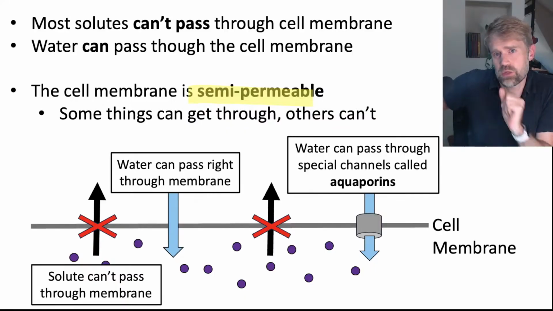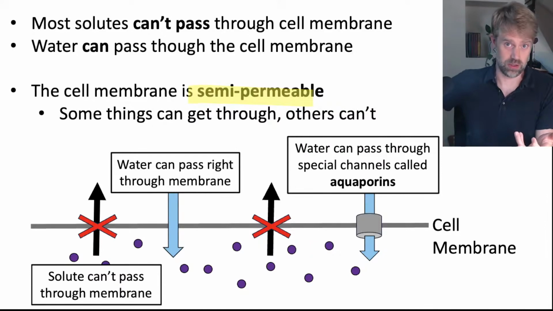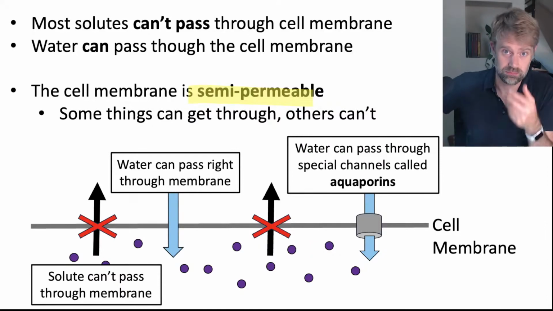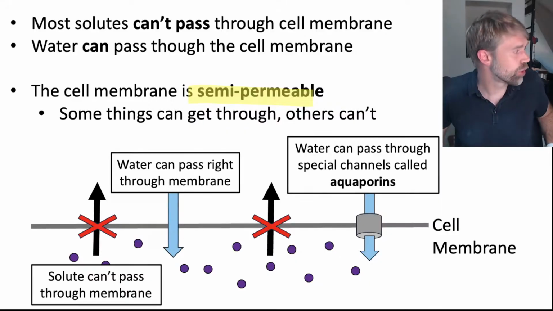And that's exactly what a cell membrane is. Water can get through. Some types of solute can get through, but others can't. So we could describe the cell membrane as semipermeable.